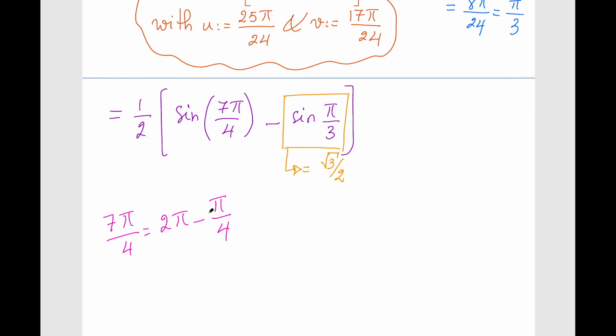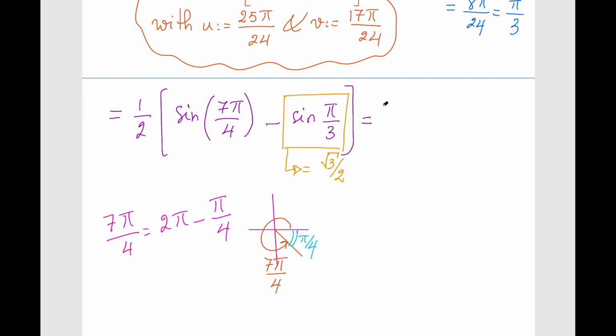Agree with that? Pictorially, what I'm saying is this. If this is the plane, that's the angle 7 pi over 4. And as such, the reference angle becomes pi over 4. All right, so then what do we get?